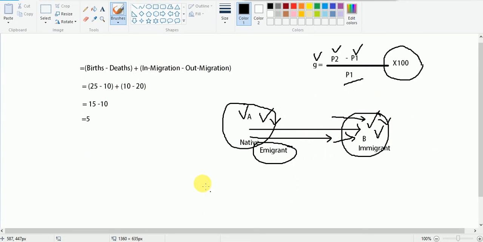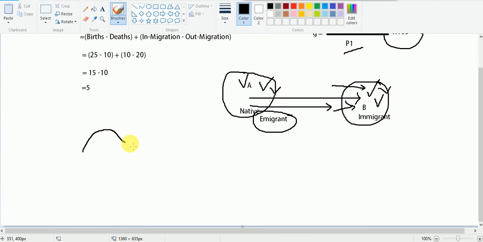Just see, let us say this is a country with many problems. Let us say here we have a civil war, very harsh climate, less opportunities, less resources.